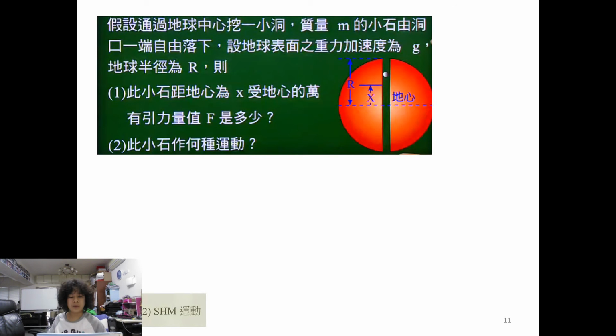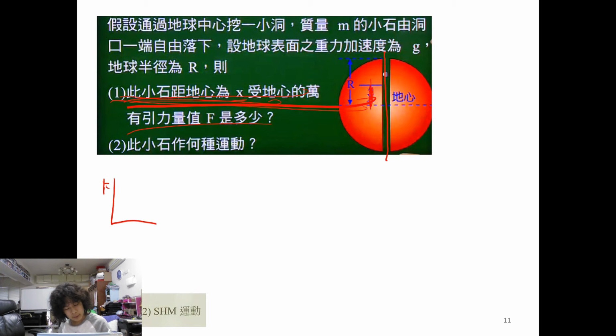So let's assume that you dig a hole through the earth like that, and what is the distance between x and this distance x? If this is in a bowl or in some object like earth or sun, you will see it looks like this.